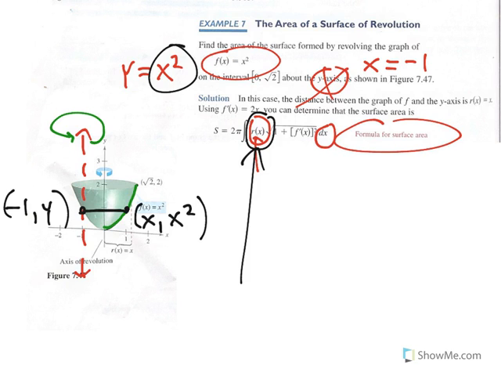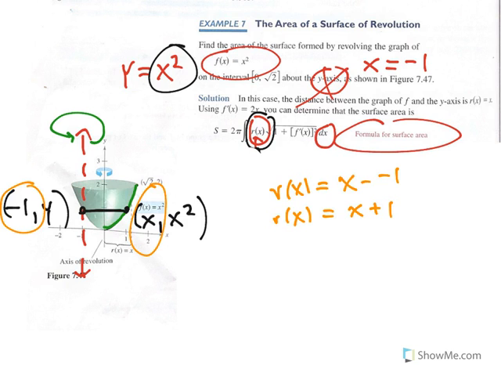It doesn't matter, but x would be -1. And if you want to find the length of this horizontal line segment, you have to subtract the x coordinates, right minus left. So r of x would be x minus -1. r of x would be x plus 1. So that's the adjustment that you would have to make.